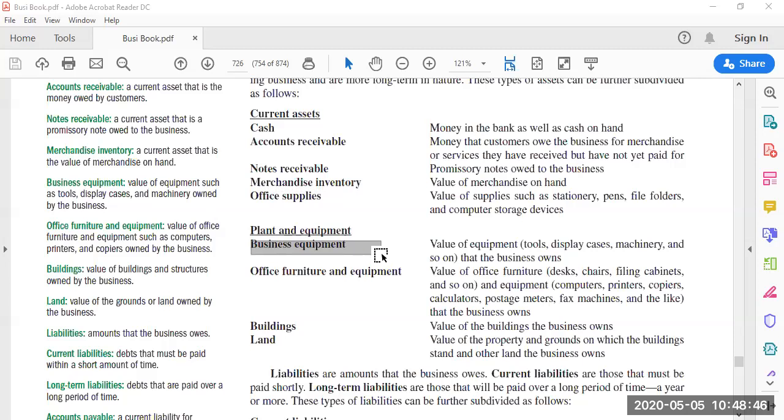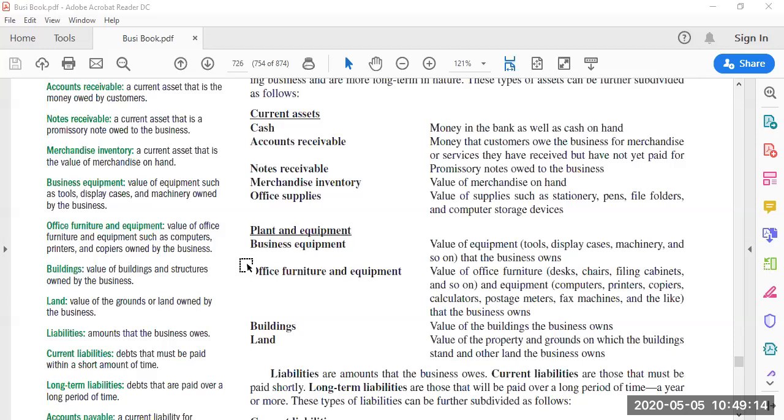And when we record any asset on the balance sheet, even though we have these different categories, what we are recording is the actual value that we have in these particular items. So business equipment will show the value of equipment, things such as tools, display cases, machinery, and so on. Things like this that the business owns.